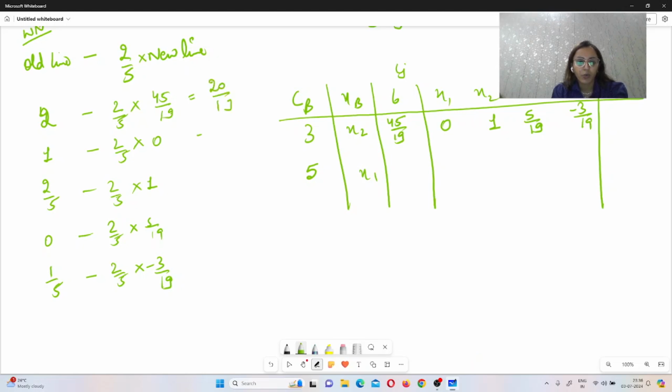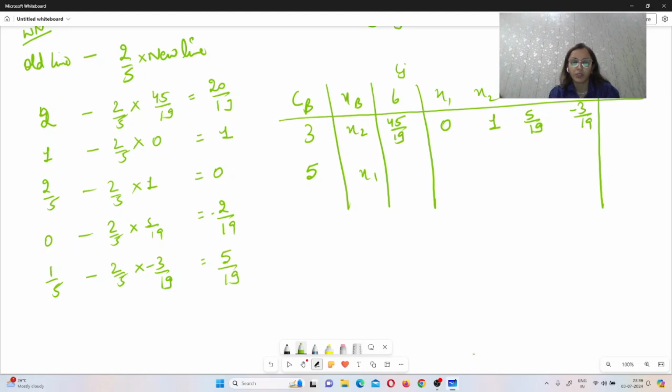This is 0, 1 minus 0, that will be 1, which we want to have, right? 2 upon 5 minus 2 upon 5 will be 0, then 0 minus 2 upon 19, that is minus 2 upon 19. And multiplying and dividing this value, we find the value 5 upon 19.